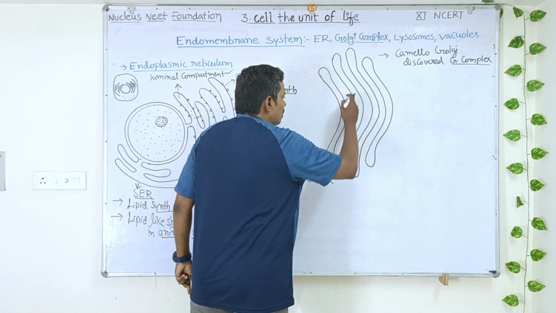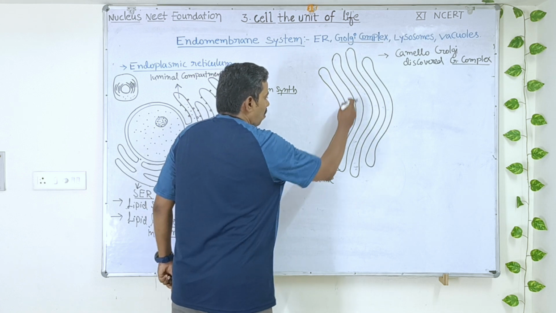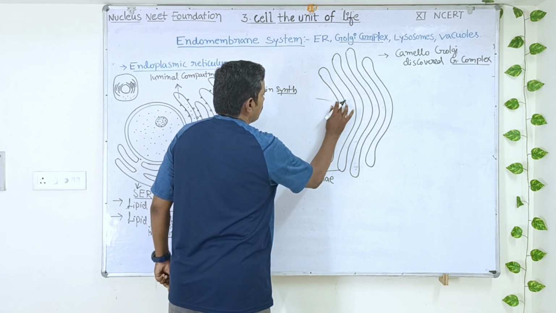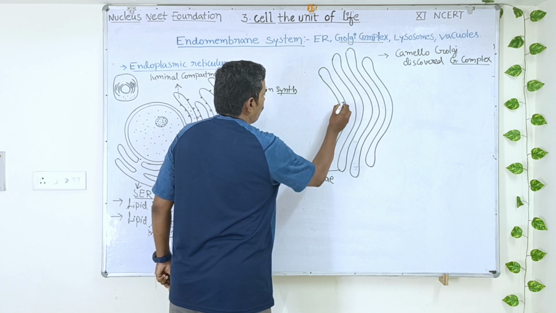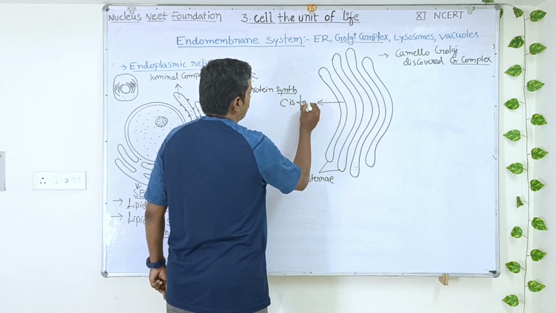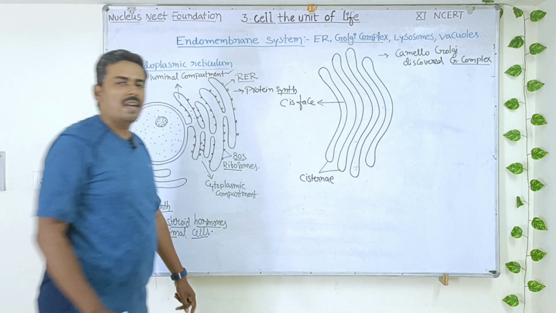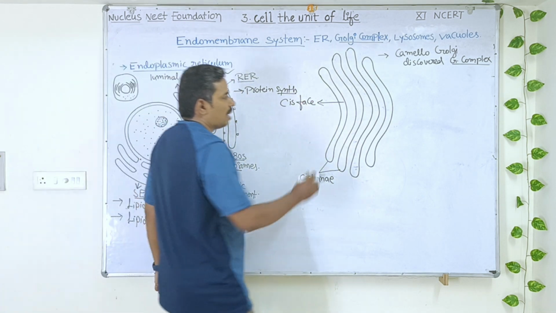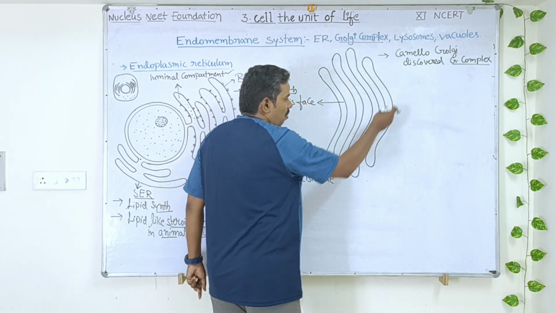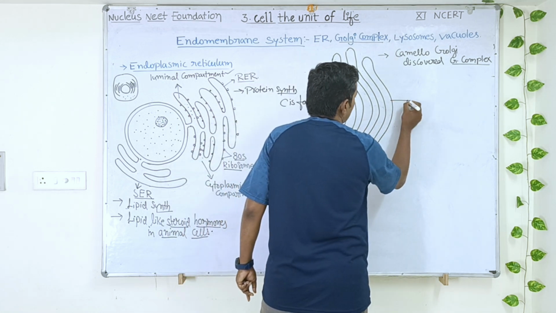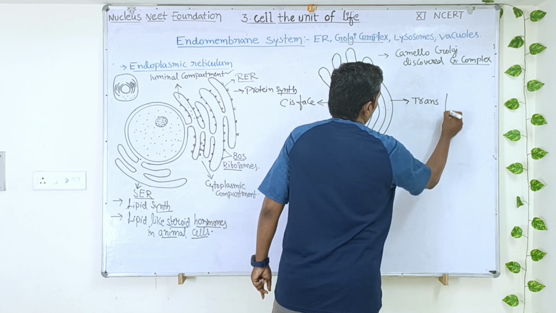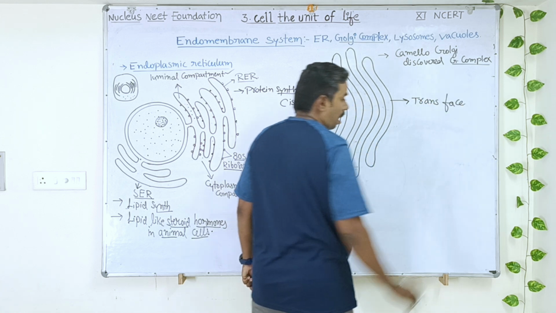The face which has a convex shape is called the cis face. Whereas the other side, where you can see a concave surface, is called the trans face.